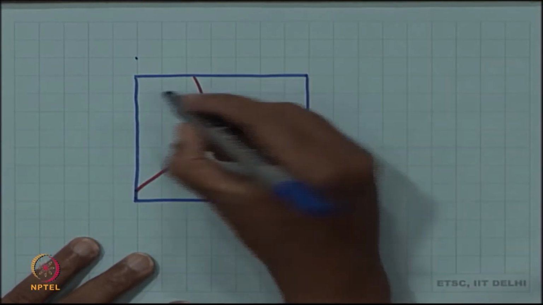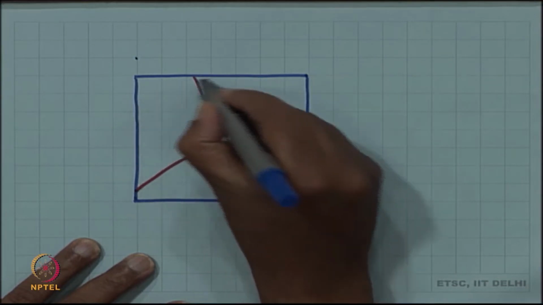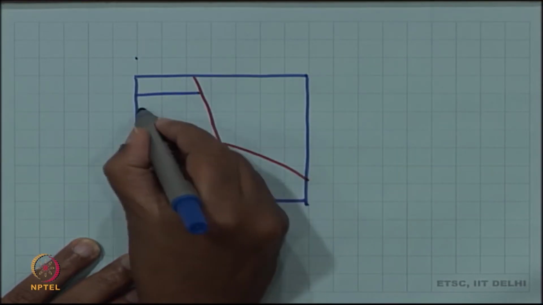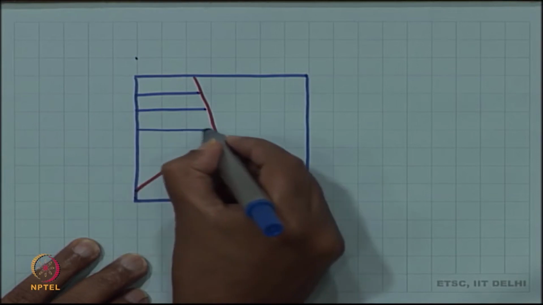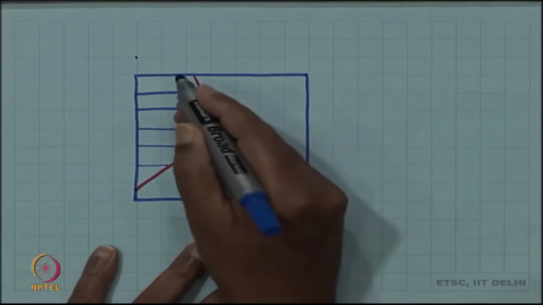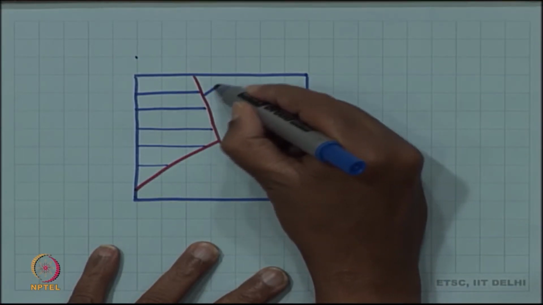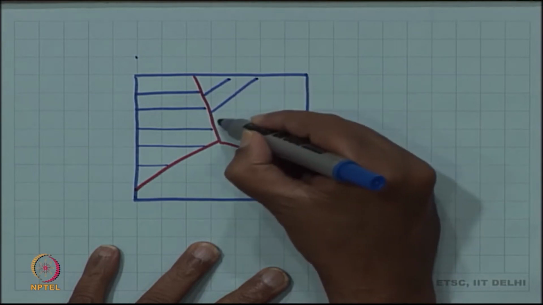And let us consider some plane, let us say the 100 plane of the crystal, and let me draw it in each of the grains. Now, since across the grain boundary the grain changes orientation, the plane which I am drawing will also change its orientation.